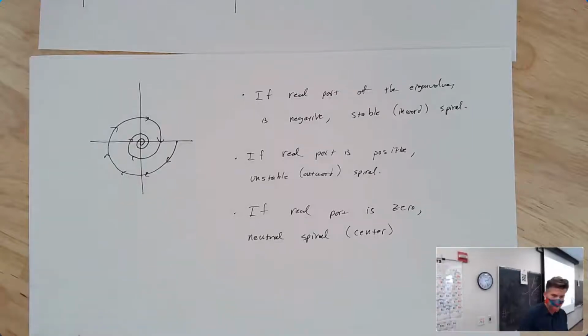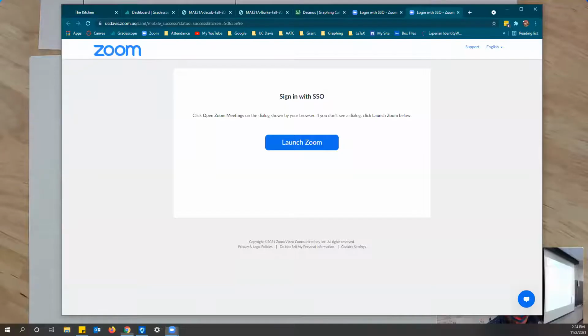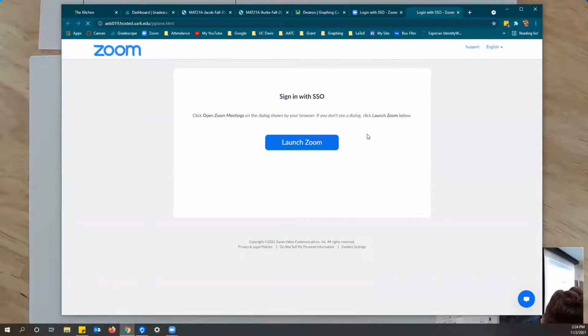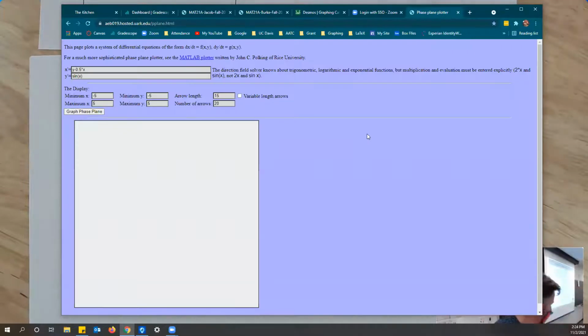So I do think it is worth seeing. Sorry, where's my graphing stuff? It's kind of neat to see what this actually looks like. So if we go back and look at our equation, here was our equation.